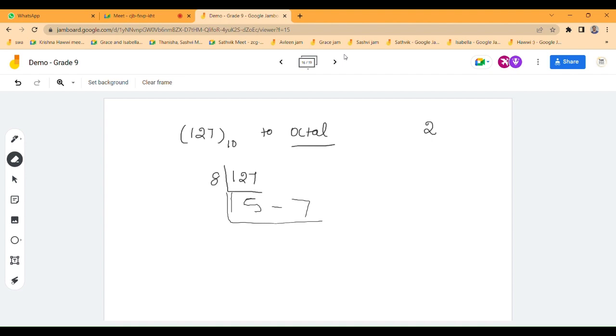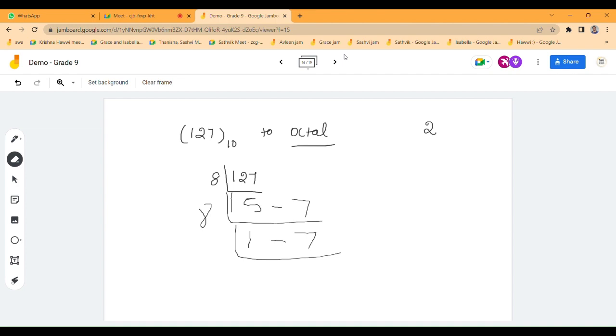Again 8. That's all. You can't divide 1 by 8.